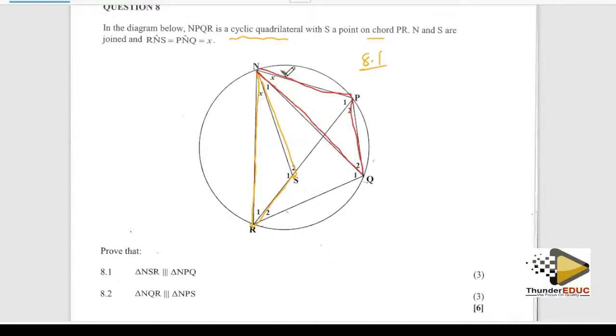What we can see is that there's X there and then there's X. So I'm going to say that P and Q is the same as R and S. This angle is the same as R and S, which is X. And the reason is given to us. They told us that that's X and that is also X.